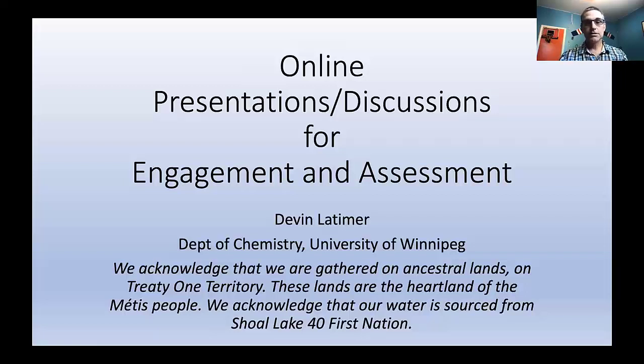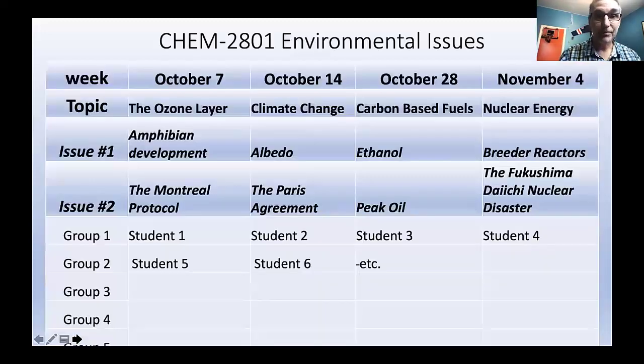So this is for a second year course. Here's just the way I separate students out. It can have up to 60 students in it, so I separated them out into small groups. Here are a few typical topics I'll teach in this second year environmental issues course: ozone layer, climate change, different types of fuels, and then different issues that students are meant to present on within those.